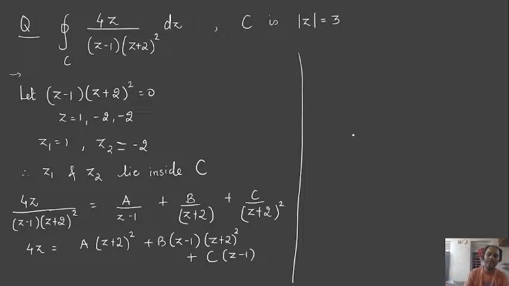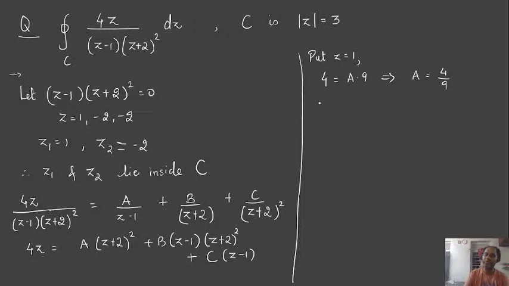So we now calculate the values of a, b, c by putting some arbitrary choices for z. We first put the easiest choice, z equal to 1. The moment I put z equal to 1, I get 4 is equal to a into 9, and the other terms go 0. So a is equal to 4 upon 9.